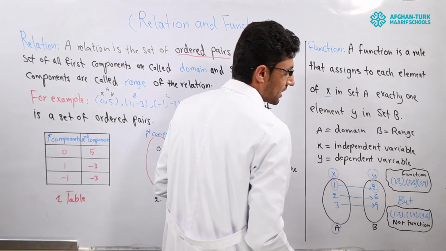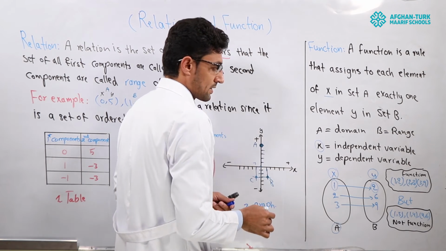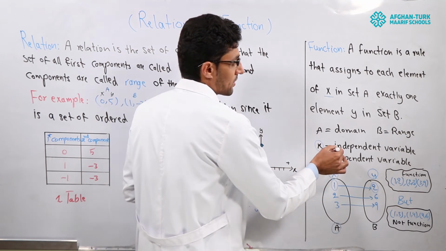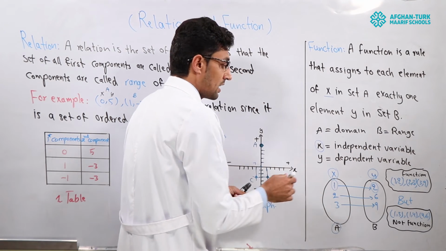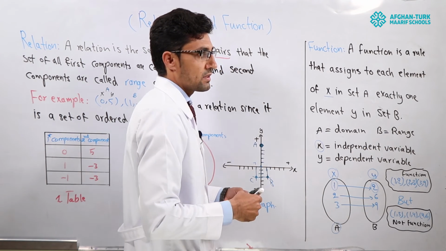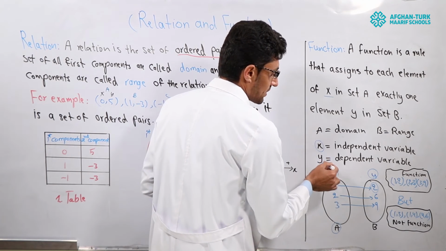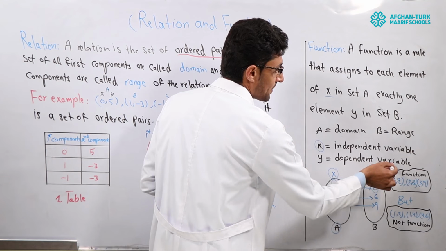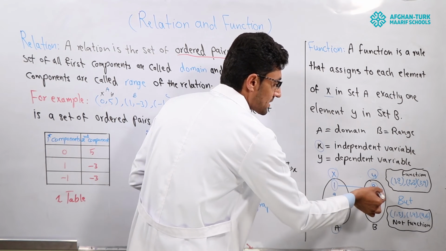We call them the range. So the set of x values are called independent variables. Independent, they are alone, they are not dependent. Okay? And the set of y values are called dependent values. Dependent means they are related to this.